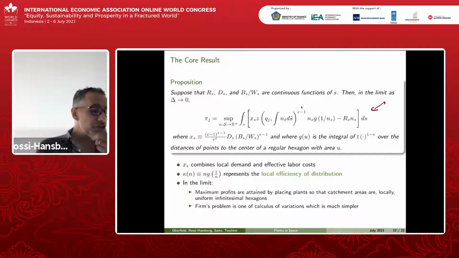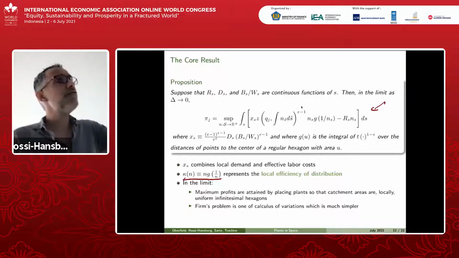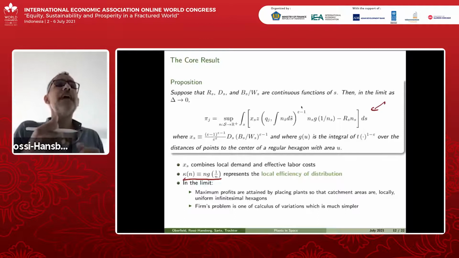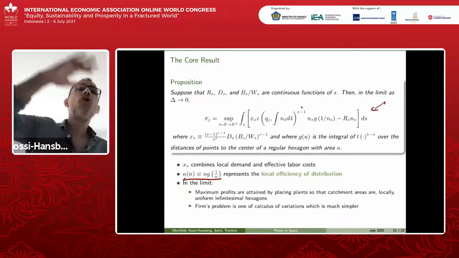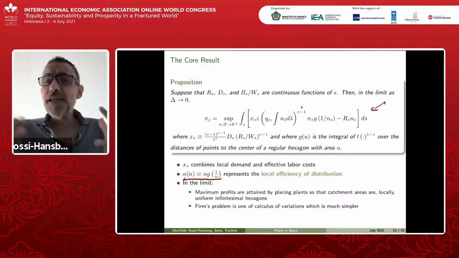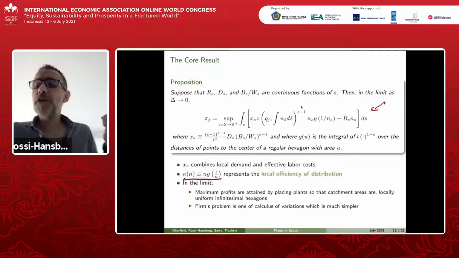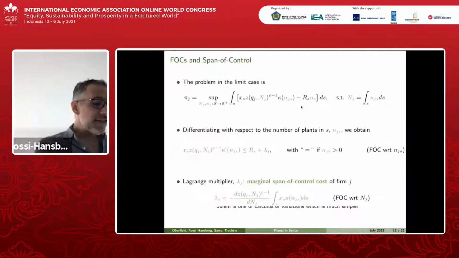And the key function then becomes this local efficiency of distribution function, which depends on the area of a hexagon, etc. But essentially it's a concave function that tells you, well, as I put more plants in a particular location, I gain efficiency of distribution because I'm relatively closer to my customers and transport costs matter, but it's concave, namely if I put many plants, eventually I get less and less from it. Why? Because of this cannibalization. Okay, and so that's the trade-off that these firms are going to face.